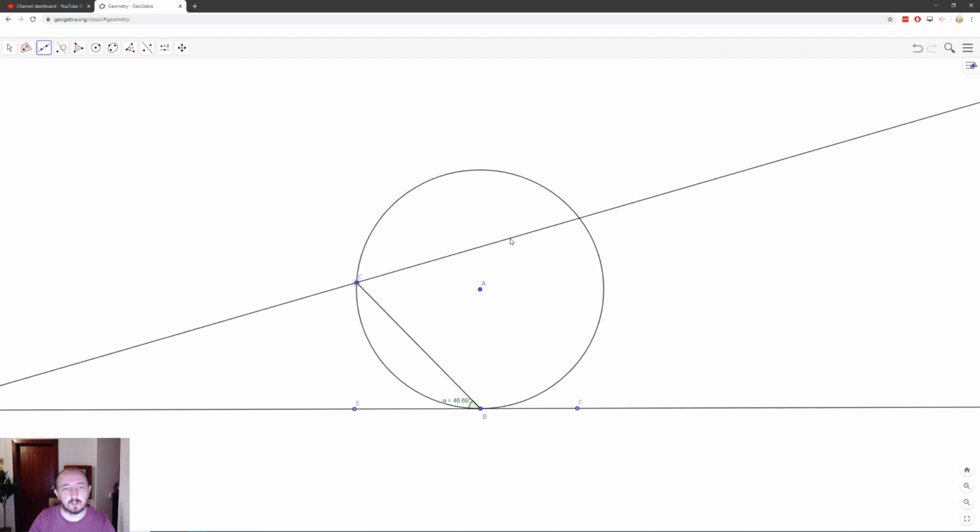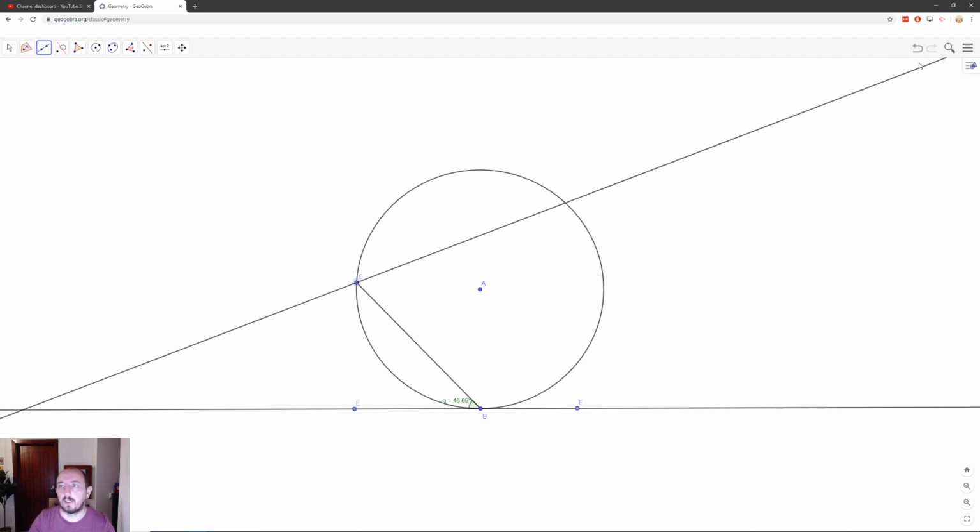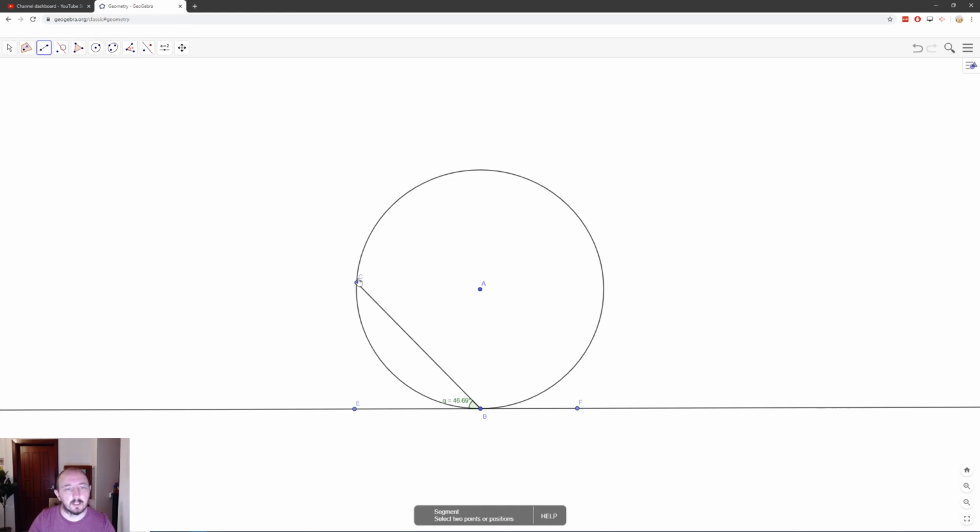So I can create an angle in the major segment anywhere, and that will still be the same. Let's create a segment, we're going to do there to there. So I've just created an angle D, which is in the opposite segment to this one down here. Let's just double check that angle there: 46.69.